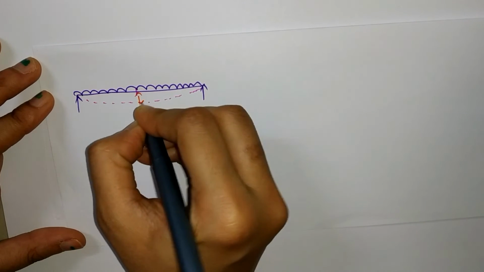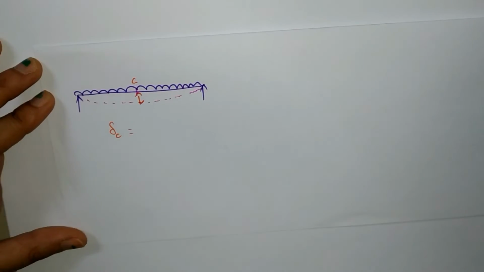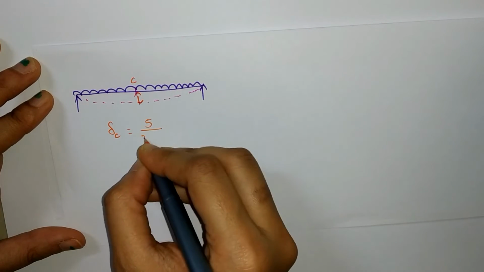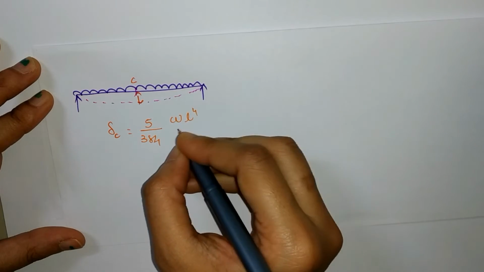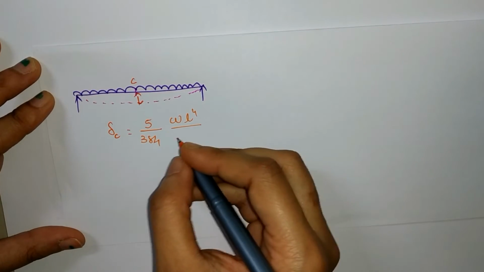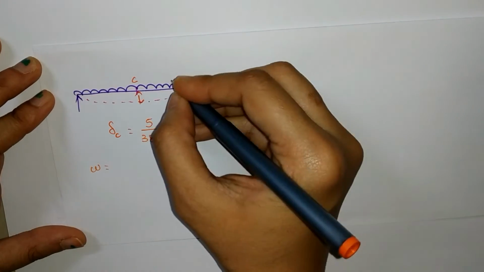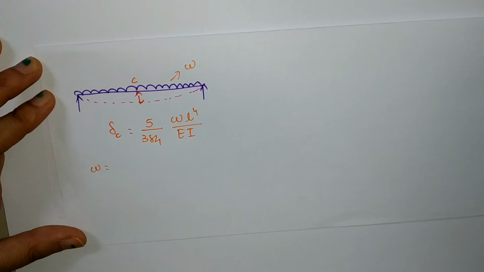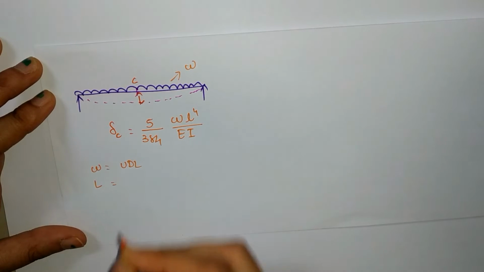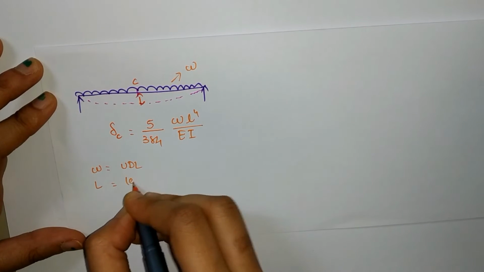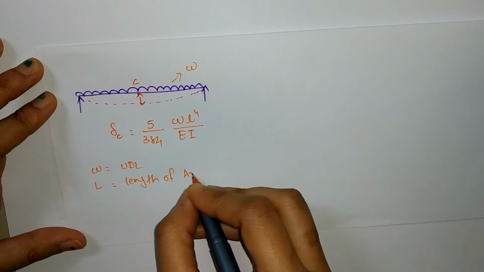Let me tell you that your delta at center, I'm giving you the point C. Okay, it will be 5/384 W L raised to 4 upon E I. Okay, where my W is the uniformly distributed load over the entire area and L is the length of that particular area or strip, or we can say beam.